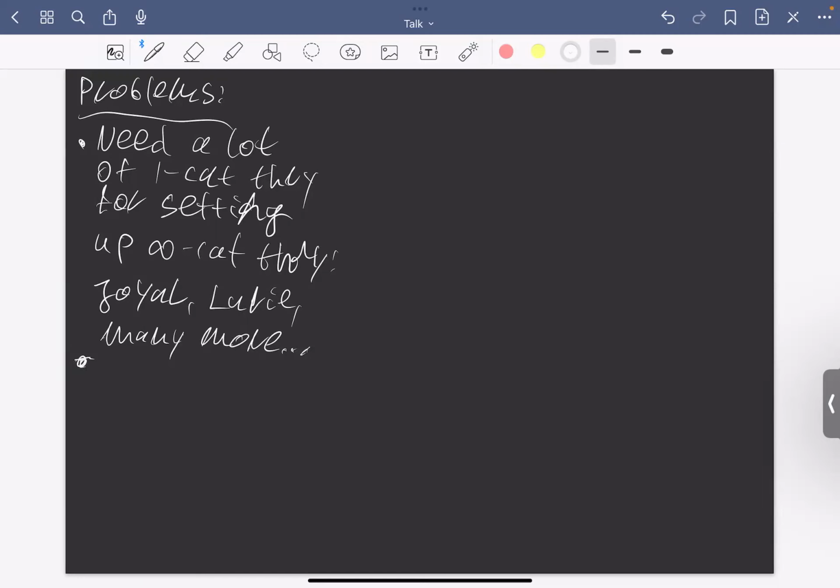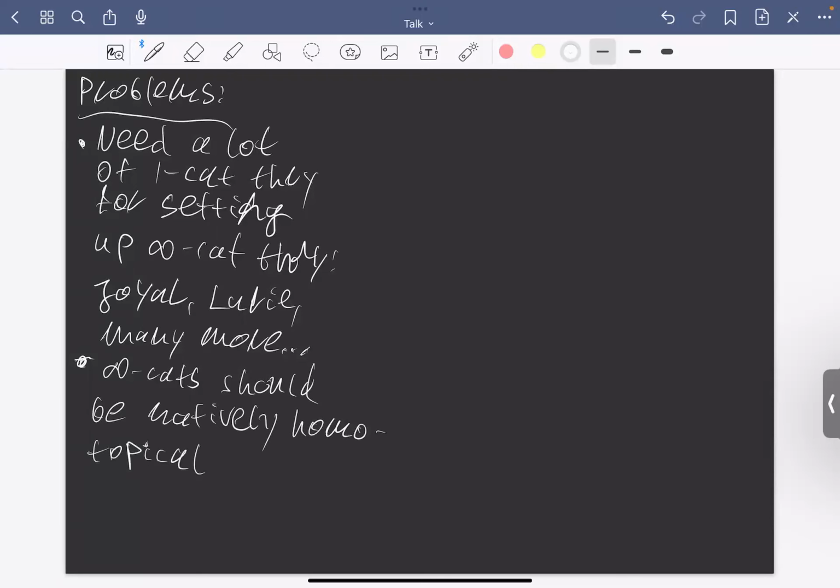And another thing is that maybe from a more philosophical point of view, infinity categories should be natively homotopical. So they're really not, they're implemented as set-based structures, but they're not thought of those kinds of structures as such.